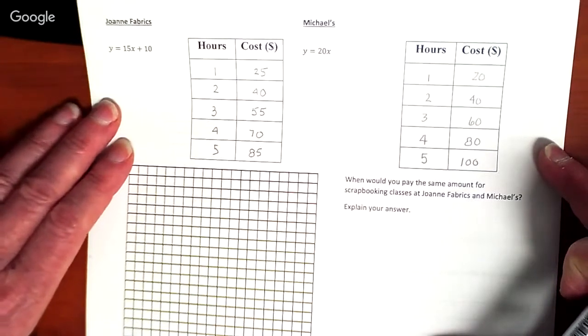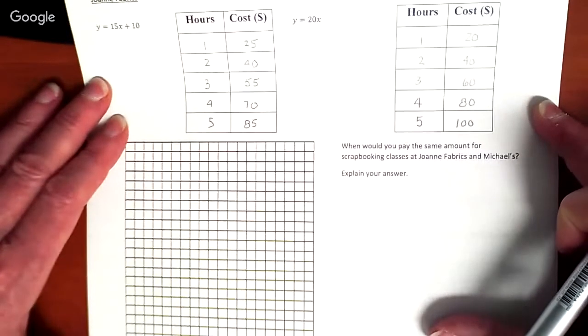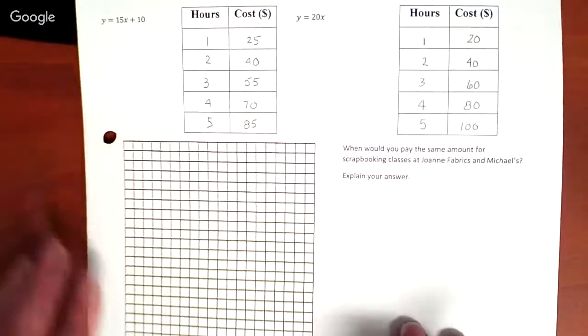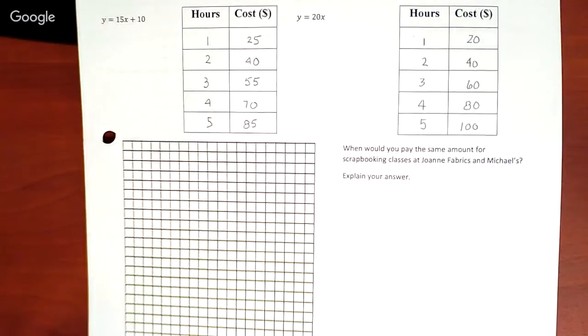So the next thing, it says, when would you pay the same amount for scrapbooking classes at Joanne Fabrics and Michael's? In order for us to find that out, we have to graph. When we graph, we always use a straight edge.